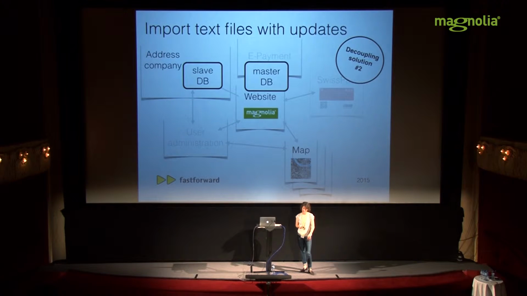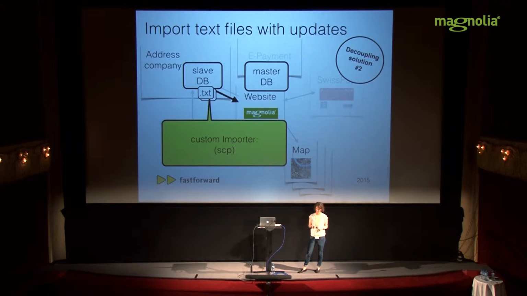What we did there is a very simple and stupid thing: they provide the updates in text files, and we go get them essentially with secure copy and read the updates, process them, and move the files into a different folder so we don't reprocess them the next time around.